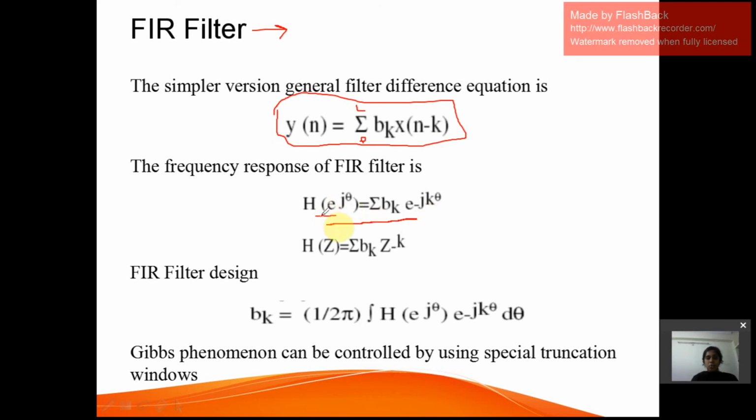And you already know that we can write z is equal to e power j theta. That is the basic definition. If you want to apply the z transform, just replace this e power j theta with z, then you will be writing the frequency response in the form of a z transform. This is the z domain equation.